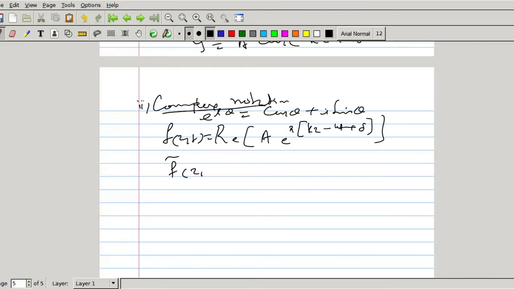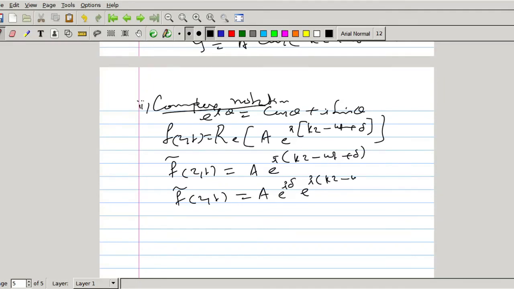We can represent it in the complex form as f of z, t equal to a e raised to i times kz minus omega t plus delta. I am splitting this into two terms: e raised to i delta into e raised to i times kz minus omega t. A e raised to i delta I am taking as the complex amplitude.